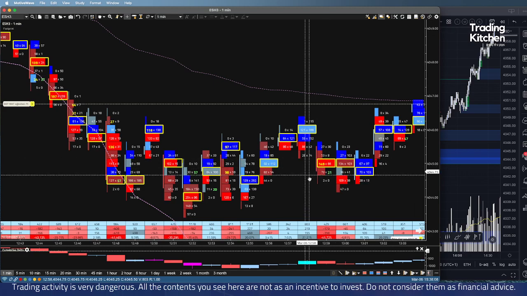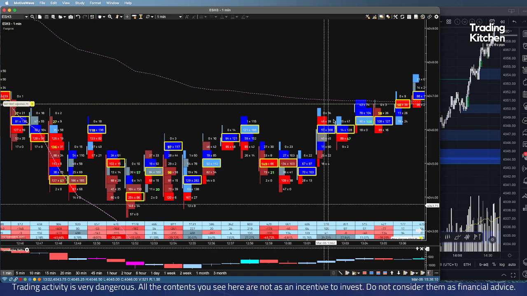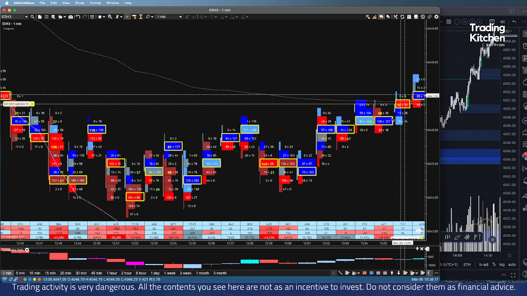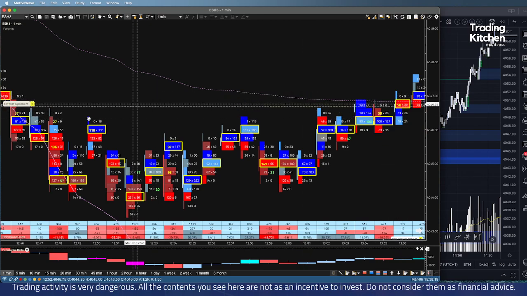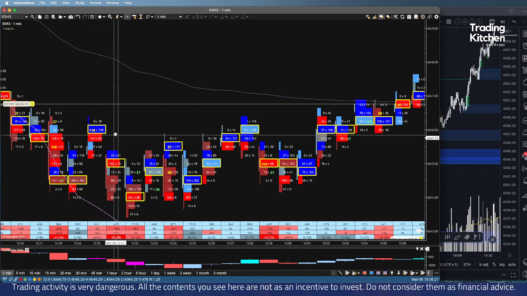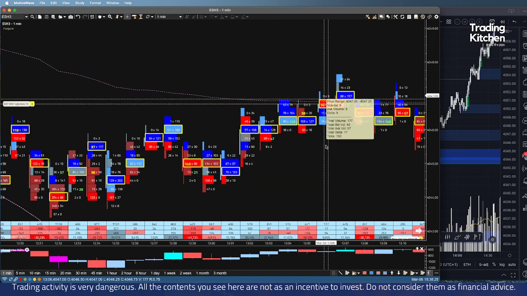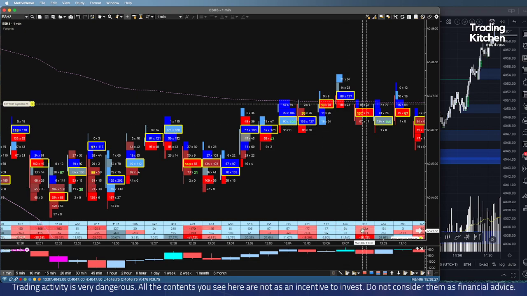So another push of buyers, and then finally we have this break of the structure with a POC that finally broke this POC here. So this is another very strong confirmation. Something is going to change.